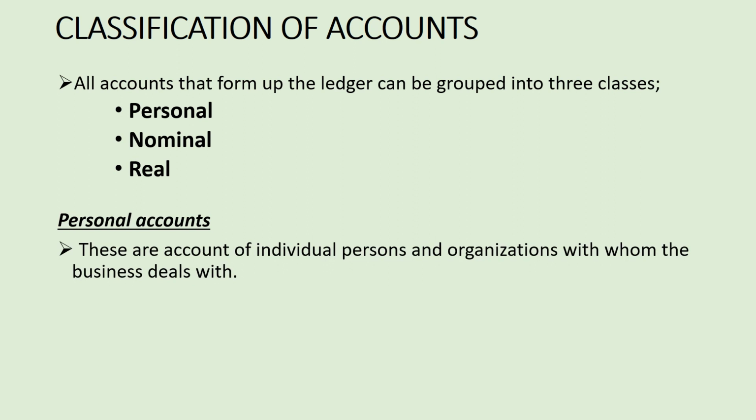You have a business, and for it to operate, it buys from and sells to other businesses or people. The accounts that relate to the transactions that have to do with these people or these other companies are classified as personal accounts.